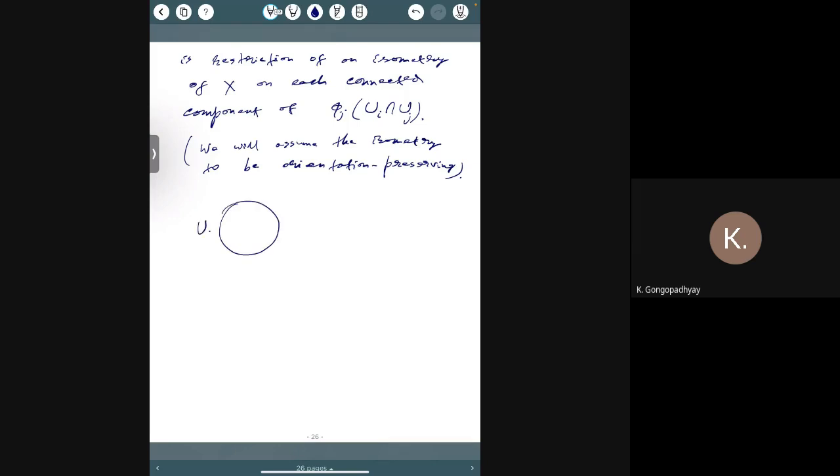You have a space U_i mapping onto some V_i, and you have U_j.